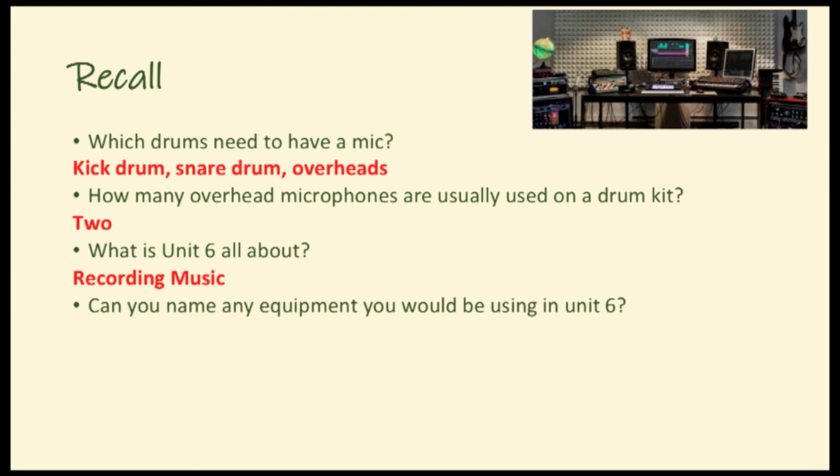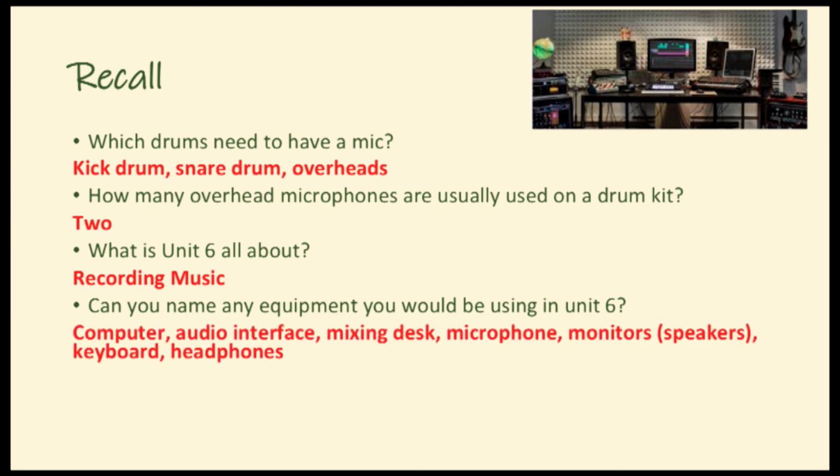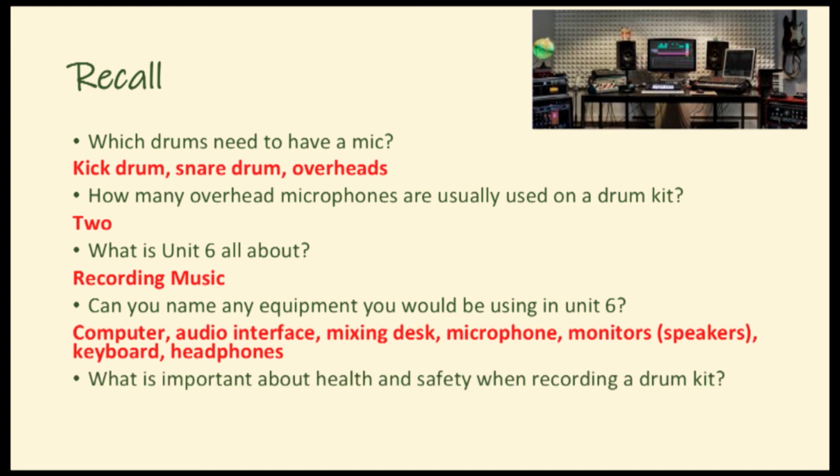Can you name any equipment you will be using in Unit 6? Any of the following: computer, audio interface, mixing desk, microphones, monitors, speakers, keyboards, headphones. Question 5. What is important about health and safety when recording a drum kit? That's making sure there are no trip hazards.